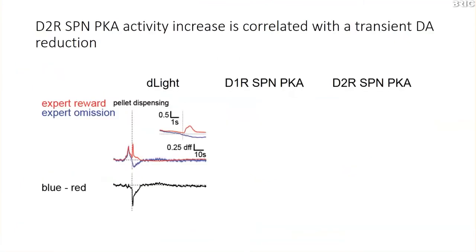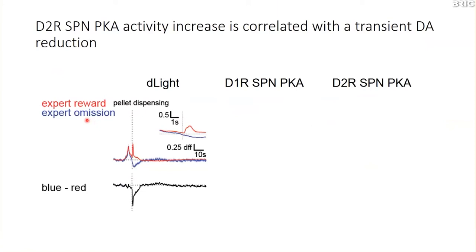To formally test how expectation is changing both dopamine release and PKA activity in SPNs, as we have seen in the failure trials in the previous slides, we omitted the rewards from successful trials for expert animals. Here, the red represents the expert animals' response in rewarded trials, while blue represents the expert animals' response in unrewarded or reward omission trials.